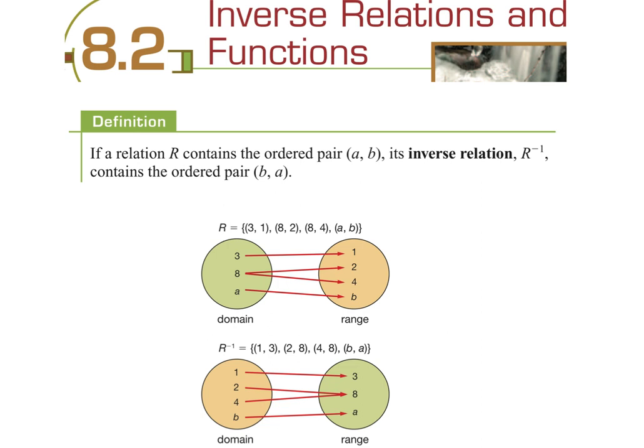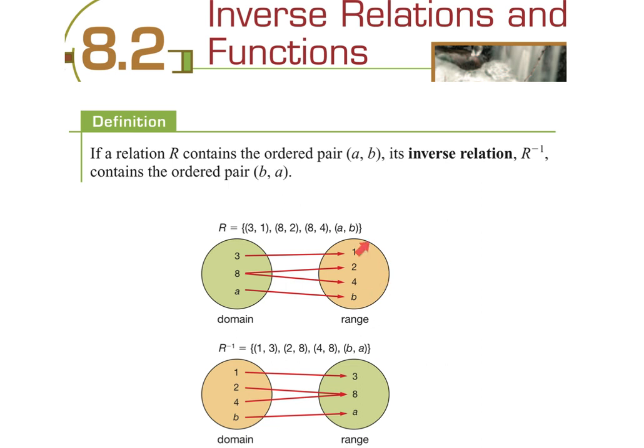All right, and so the first definition we have here is if a relation contains the ordered pair (a, b), its inverse relation contains the ordered pair (b, a). So when you have inverses of each other, your x's and y's change places. So you'll notice we have this relation here, 3, 1, 8, 2, 8, A, B. We've done mapping diagrams.